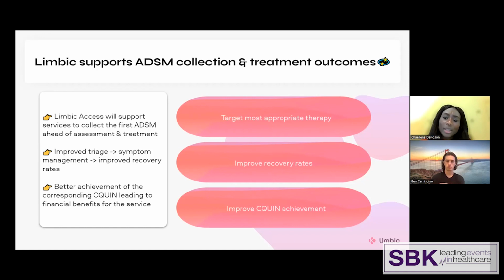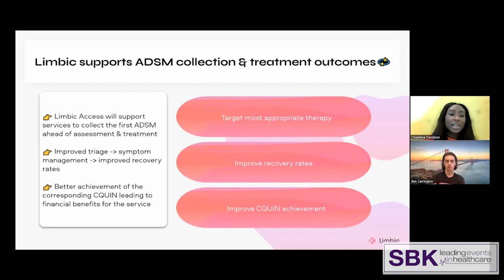And at Limbic, we're always really passionate to do as much as possible in regard to supporting our clinical workforce. We've had lots of feedback from current services that we can reduce stress levels for clinicians conducting assessments, because firstly, they have more information before they interact with the patient.